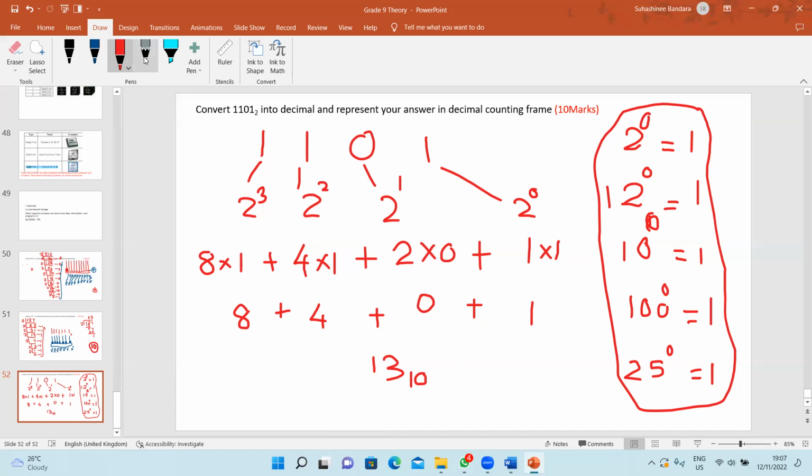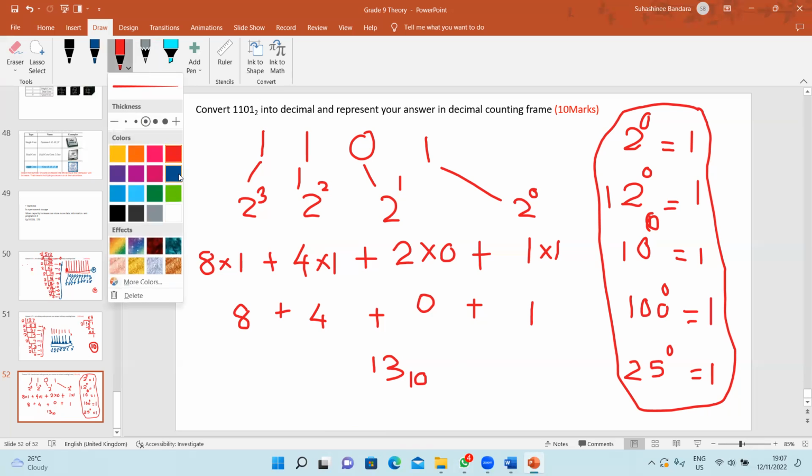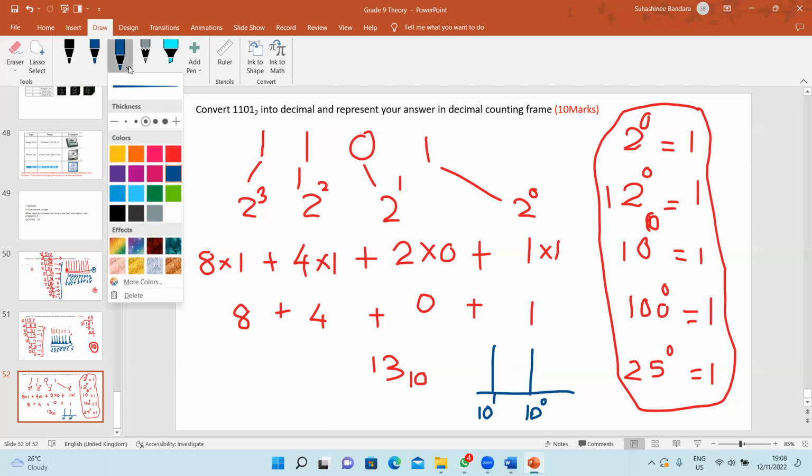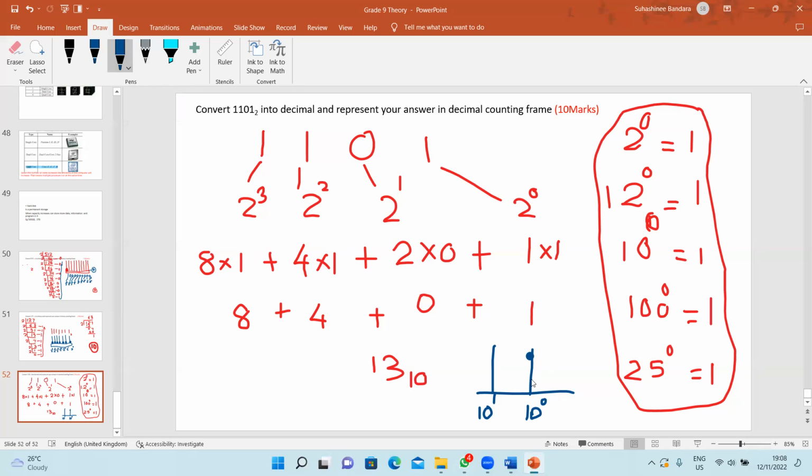And how can you represent 13 in a counting frame? That is easy, isn't it? 10 to the power 0, that is 1. 10 to the power 1. Okay, third row, 3 balls here and 1 ball here.